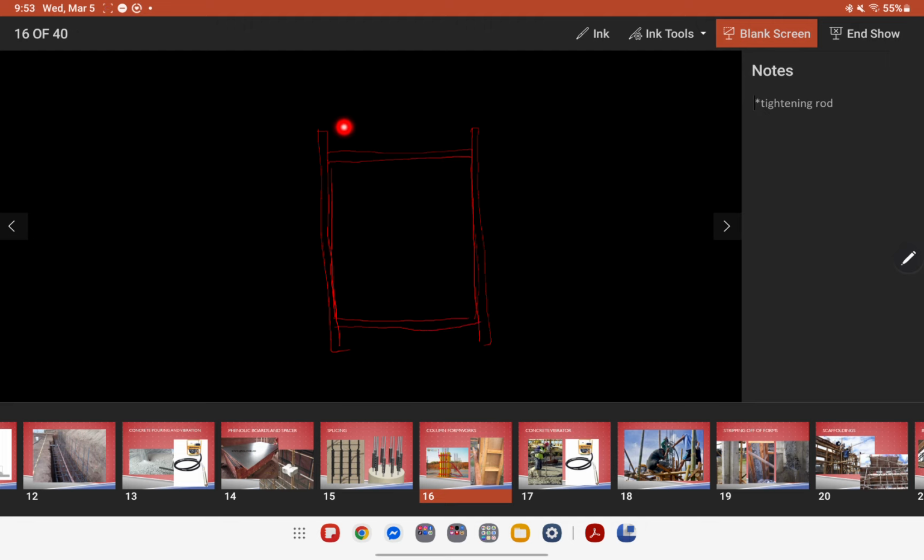And then to support that, you have your vertical stud here, another vertical stud here, vertical stud here, and then here, vertical stud, vertical stud. And then these are the vertical studs.